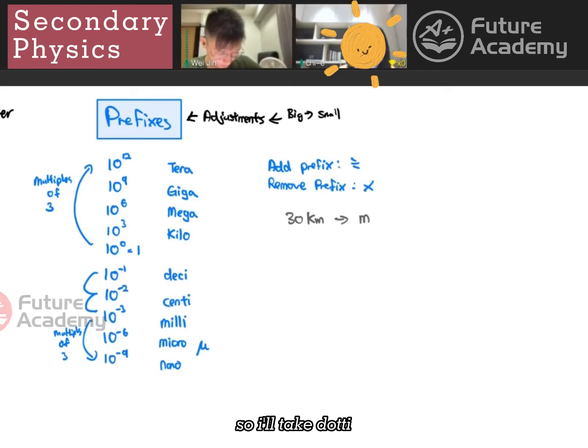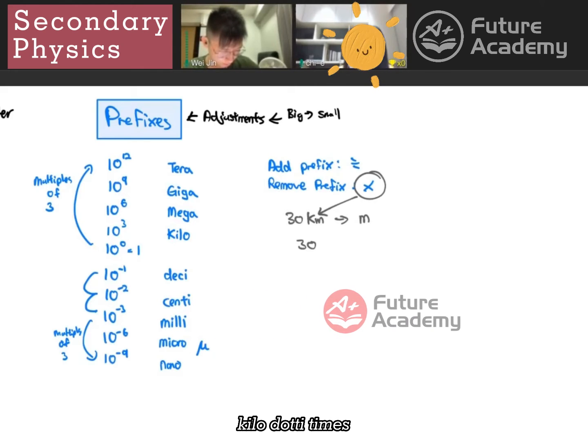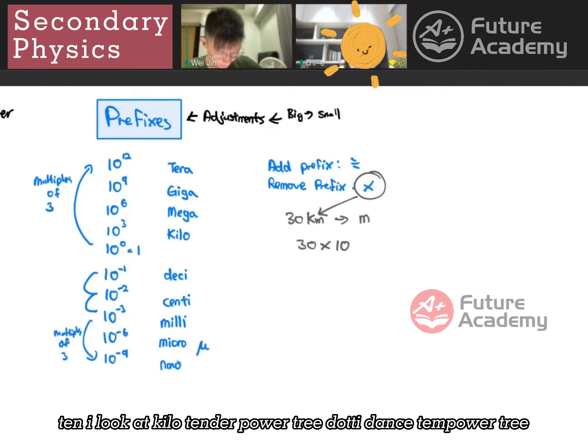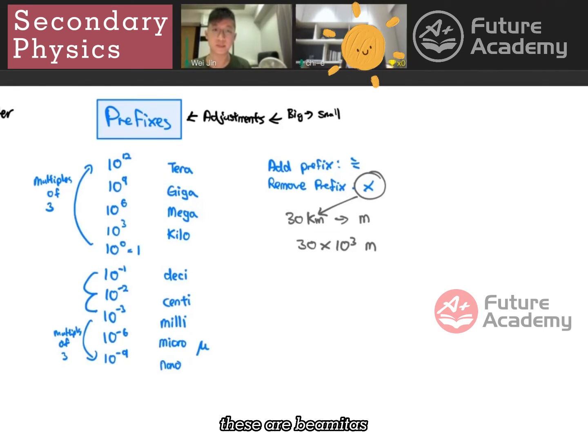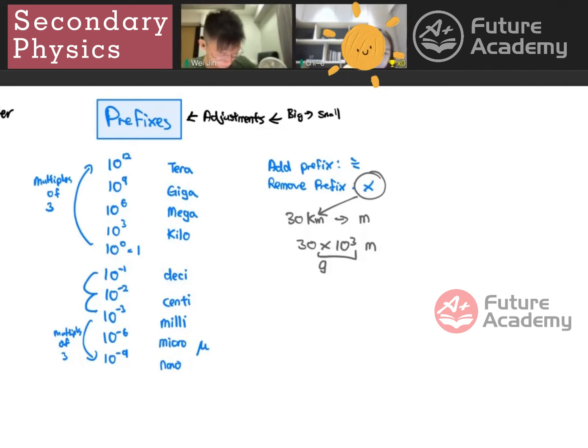I take 30, and I want to remove kilo. So 30 times 10 to the power 3, since kilo is 10 to the power 3. This will be in meters. Can you see how it works? I want to get rid of a unit, so this will get rid of kilo.